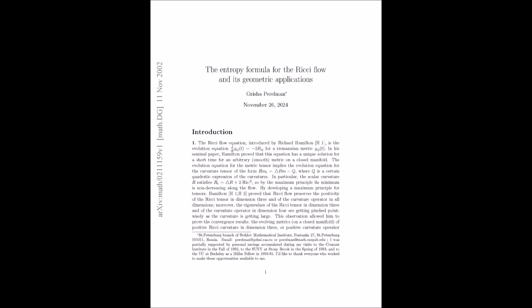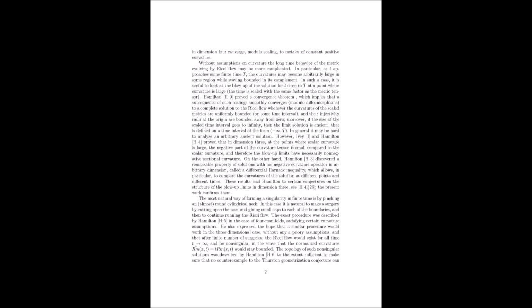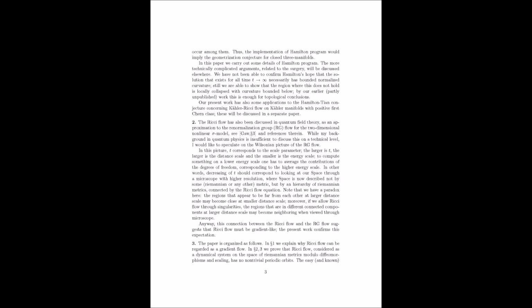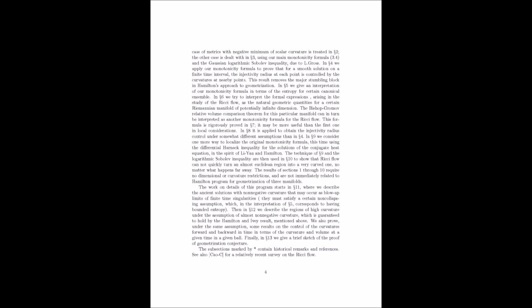Even though the reduced volume can decrease locally, the overall entropy of the system never goes down. It's another testament to the balancing act of the Ricci flow. So we have these two complementary perspectives: the entropy giving us a global view of the system's order, and the reduced volume providing a localized picture of how the geometry is smoothing out at different scales. Precisely.